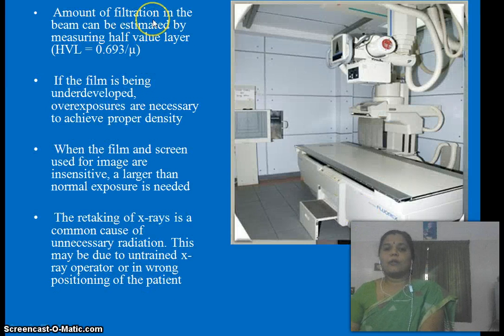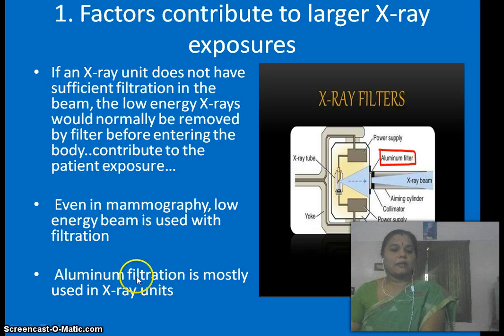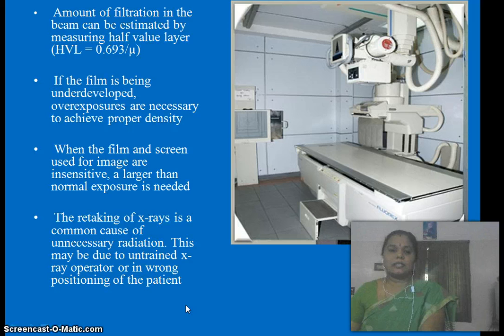And how much filtration could be used? The more prominent filters, aluminum filters, are used in X-ray units to filter all these low energy X-rays, and this amount of filtration can be estimated by the half value layer. Hope you remember this, which we discussed in radiation protection and therapy.